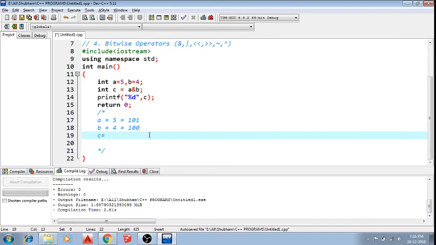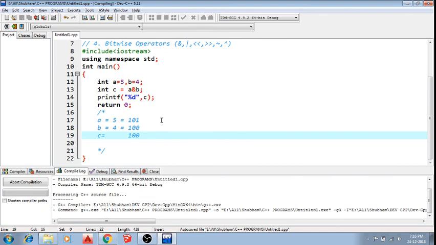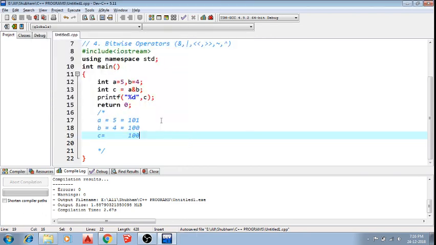So 5 is 1 0 1 in binary and 4 is 1 0 0 in binary. 1 AND 1 is 1, 0 AND 0 is 0, and 1 AND 0 is 0. So the answer is 1 0 0. This is 4, so this will print 4 on the screen. Let's check here. You can see 4 is the answer.